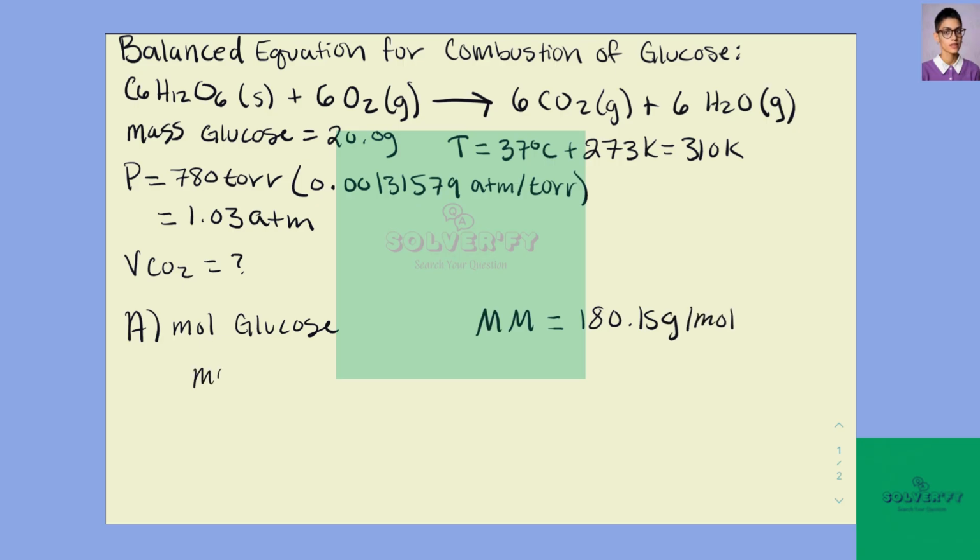So to get our moles, we're just going to take the amount of glucose we have in our reaction, so 20 grams of glucose, and divide that by its molar mass. So our moles of glucose is going to equal 0.111 moles.